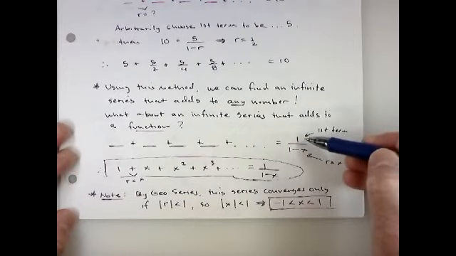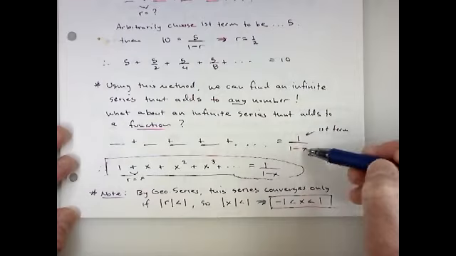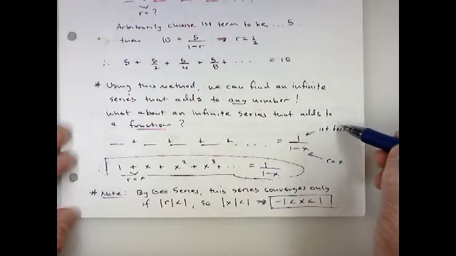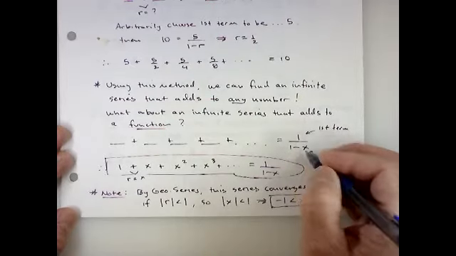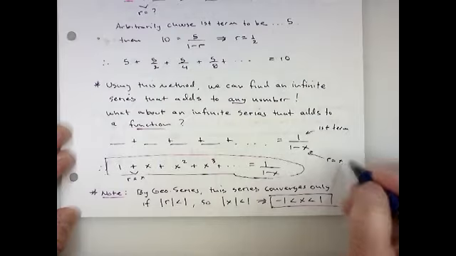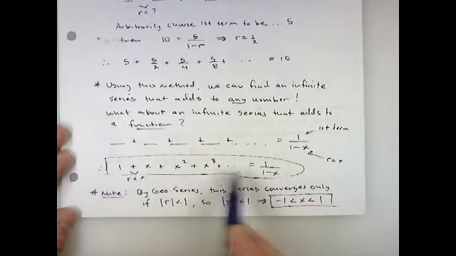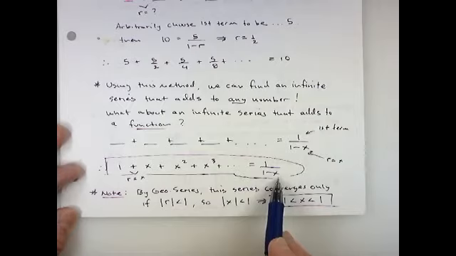So if I started with this function, because it's going to be the easiest, 1 over 1 minus x, which is exactly the sum formula for a geometric series. It has the right form with a first term of 1 and an r value of x. My first term would be 1, and if my r value is x, I get 1 plus x plus x squared plus x cubed, an infinite series, and that would add to 1 over 1 minus x.